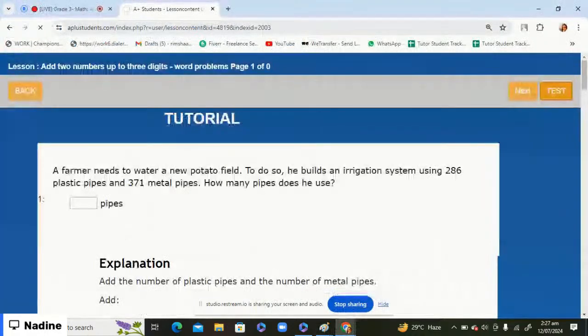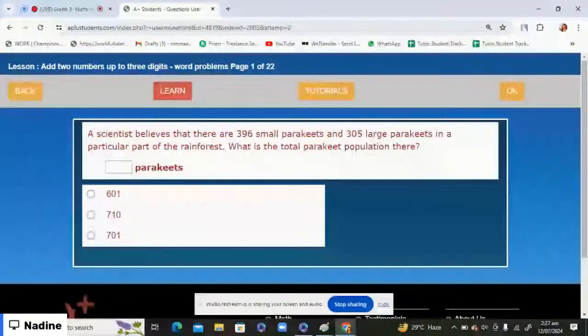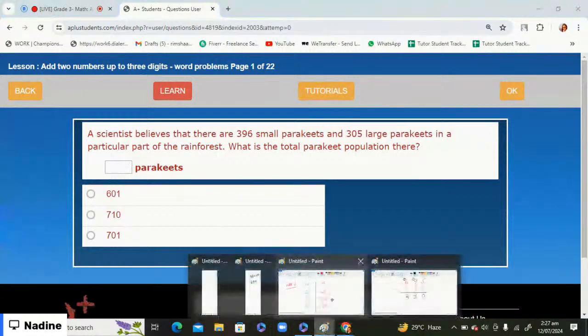A scientist believes that there are 396 small parakeets and 305 large parakeets in a particular part of the rainforest. What is the total parakeet population there? So when you add 396 and 305, let me just write it.